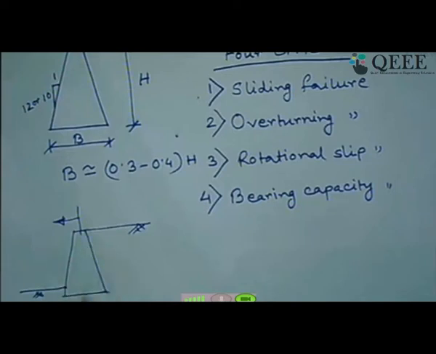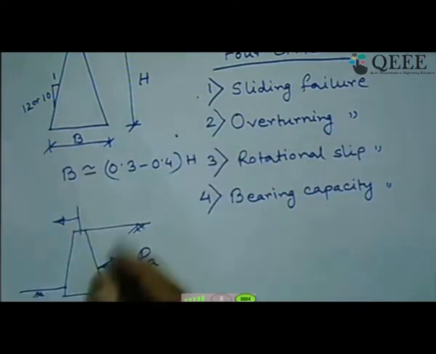So if this wall moves in this direction, that is the active state, but it should not slide completely, leading to a failure. That is nothing but the sliding failure criterion. Why will the chances of sliding occur? Because, remember, on this side you have a lateral thrust of PA. So the soil is pushing the wall in this direction.